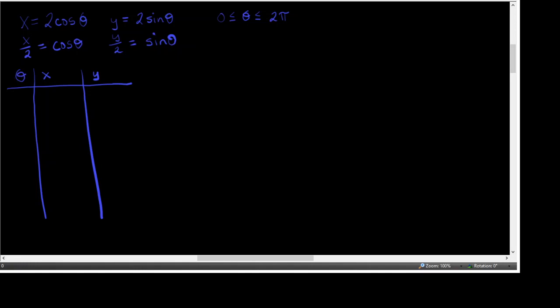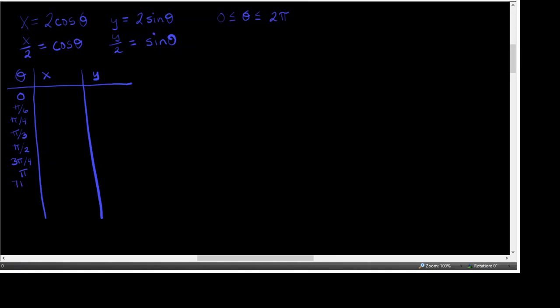So we're going from 0 to 2 pi, so I'm going to pick some numbers for theta. In the first quadrant, I'm going to pick all of the special ones that we know a lot of stuff about. And then in other quadrants, I'm going to be a little bit more selective and not pick everything, because I'm hoping that just a little bit of information will be sufficient to get us there.